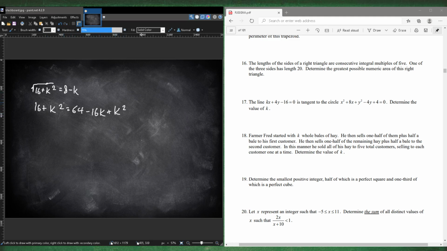So I just square both sides. Then I see both k squareds on here, so let's cancel that out. Move the negative 16k to this side, so that's positive 16k. And 64 minus 16 is 48. Then divide by 16, so 48 divided by 16 is 3. So we find that our k value is 3, and that's for number 17.